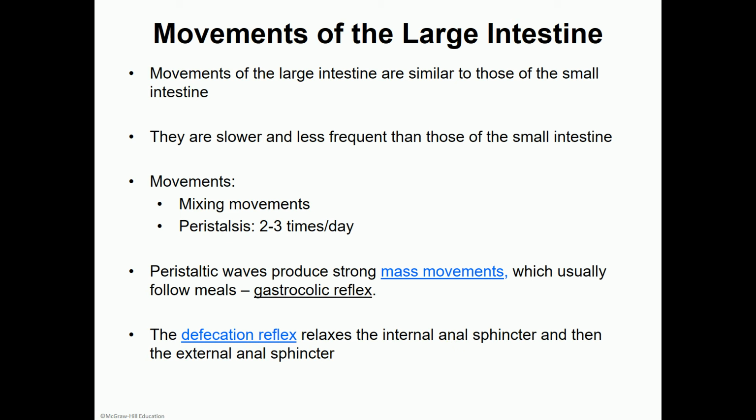So because of this reflex, the internal anal sphincter relaxes. If we are not under favorable conditions, which means we are not in the bathroom, we can voluntarily contract the external anal sphincter, which is skeletal muscle. When the conditions are favorable, so now we are in the bathroom, we can voluntarily relax the external anal sphincter, leading to the emptying of the large intestinal contents.